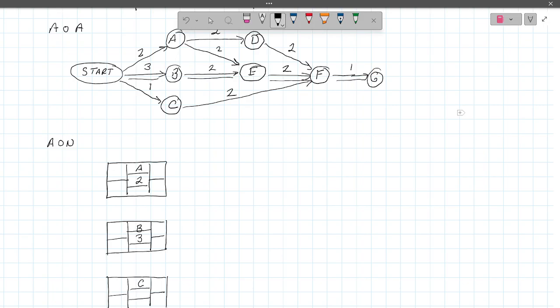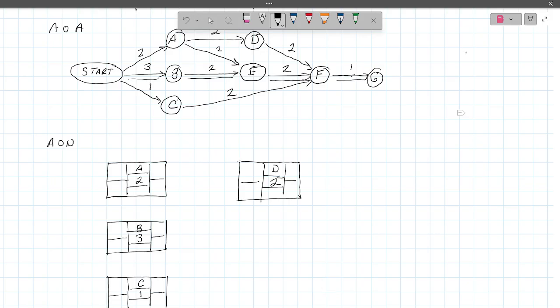So this is C, and we have that as 1. Okay? All right. I need a box up after A that I can use for D. And D is 2.